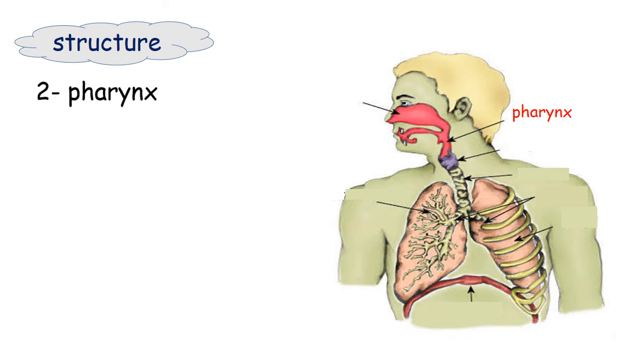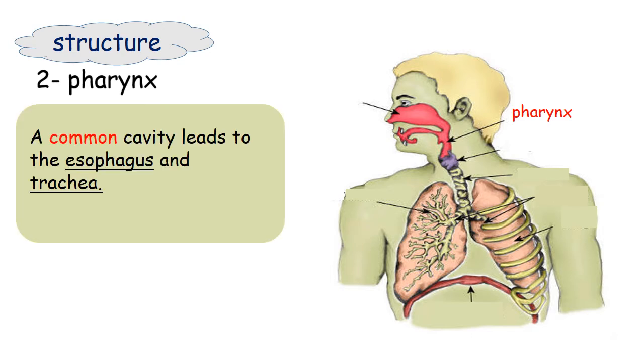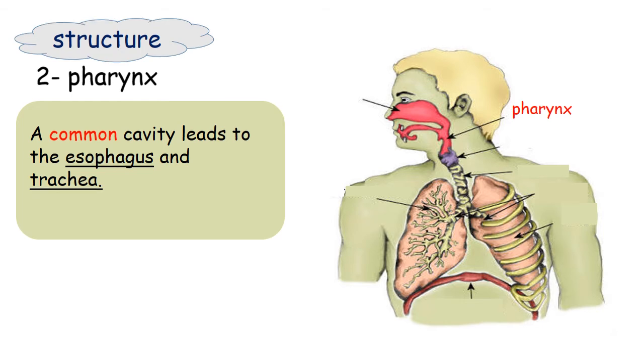Number 2, pharynx. Pharynx is a common cavity that leads to the esophagus and trachea. The esophagus is in the digestive system, and the trachea is in the respiratory system. So, the pharynx is found in two systems, the digestive system and the respiratory system.